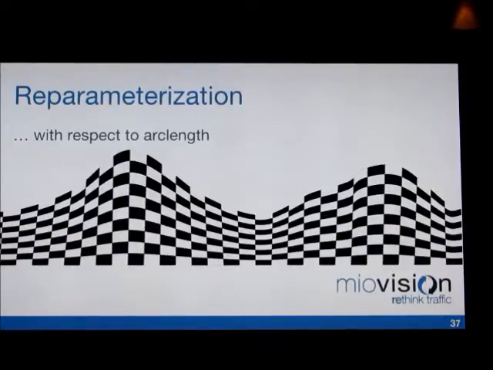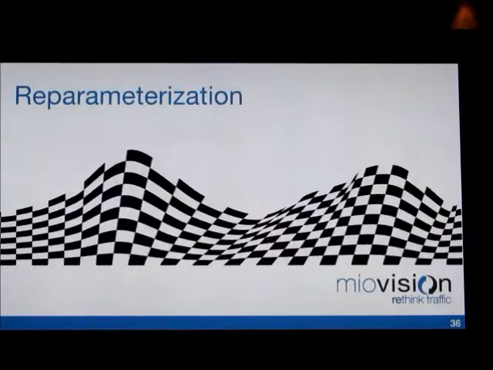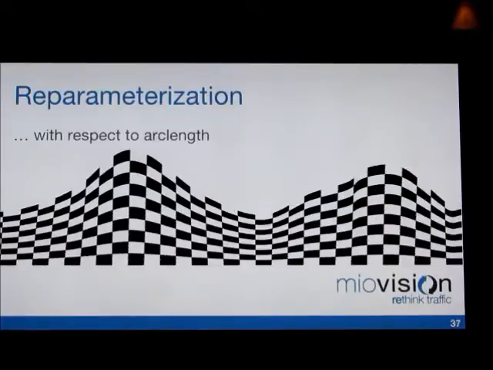You can play with different ways to reparameterize the curves. The most simple and common parameterization is arc length. This is reparameterization with respect to arc length. Now the top curve is doing some funny stuff, and if you follow it, it's alternating black and white at even lengths, like you would expect in the bottom.